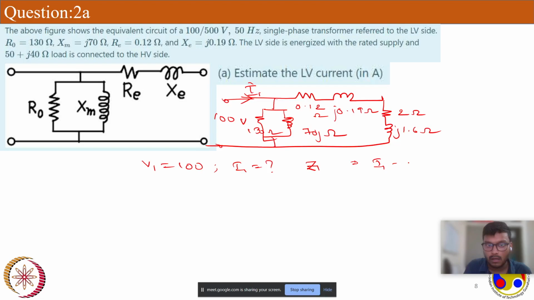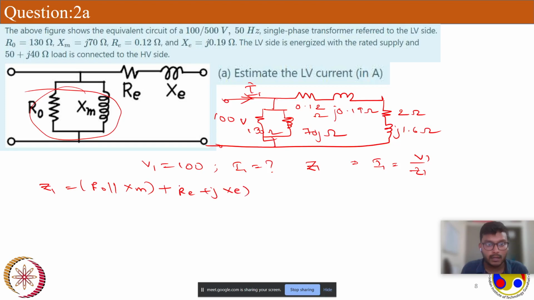Z1 is nothing but this circuit, R0 parallel to Xm, plus Re plus jXe, that will be in series with our load side, RL dash plus jXL dash. So please calculate with me and tell me what is the input impedance.